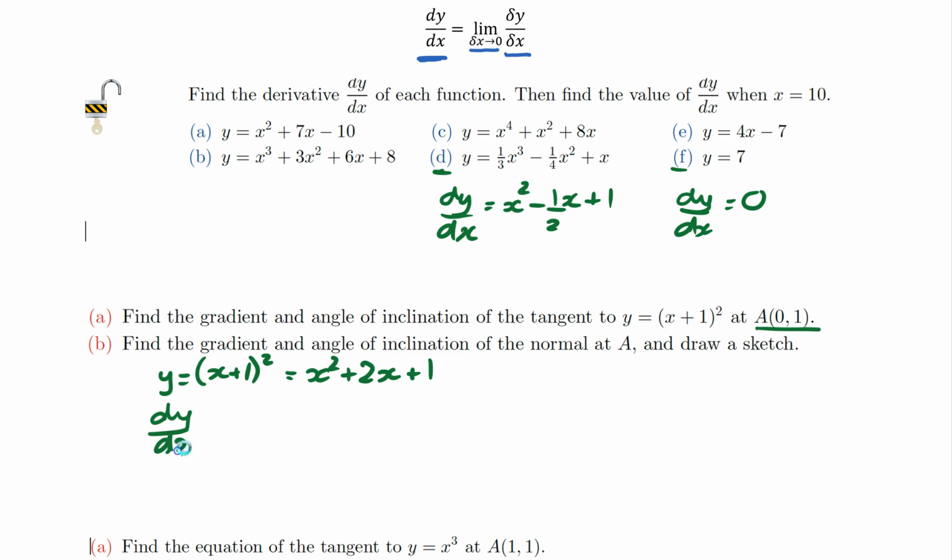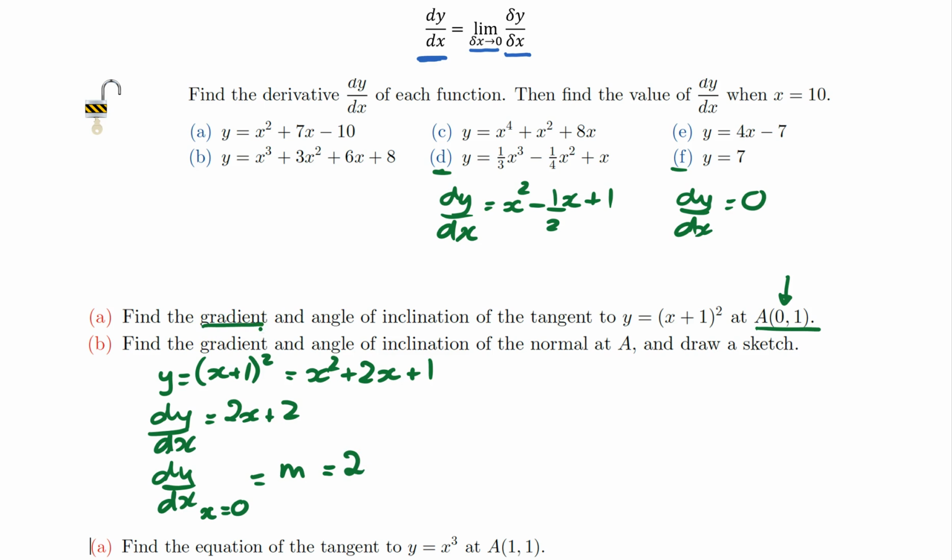So dy/dx, the expression for the gradient anywhere, will be 2x plus 2. And for this curve we're particularly interested in the point where x equals 0. So we want dy/dx when x equals 0, which is of course the gradient. That will be 2 times 0 plus 2, so the gradient is 2.